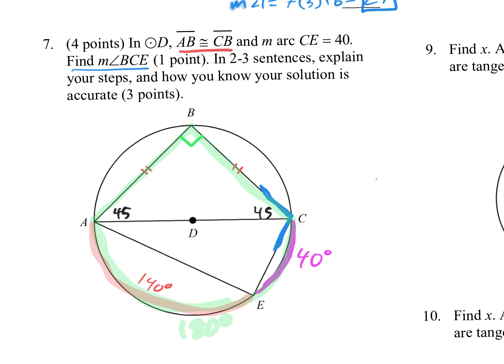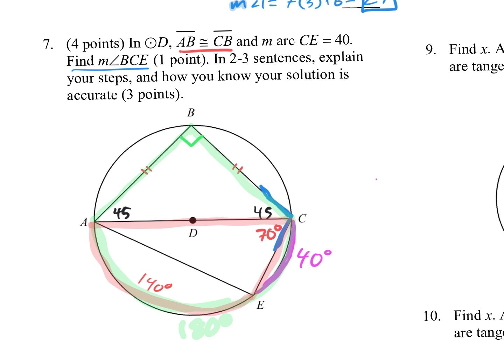Well, let's follow that back to the inscribed angle that we want to find. See my ice cream part. Here's my cone. If this is a 140 degree arc, then this angle has to be exactly half of that, which is 70 degrees. Beautiful.